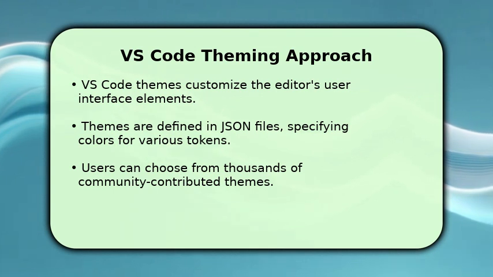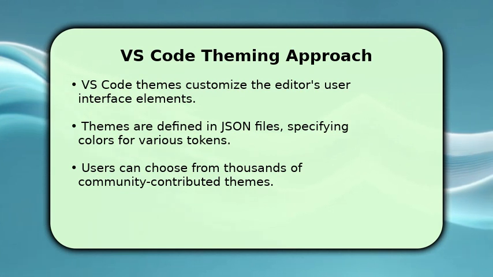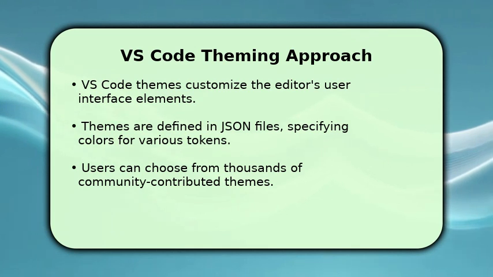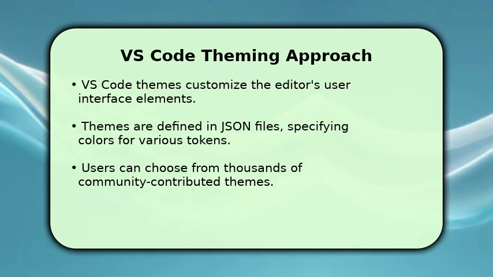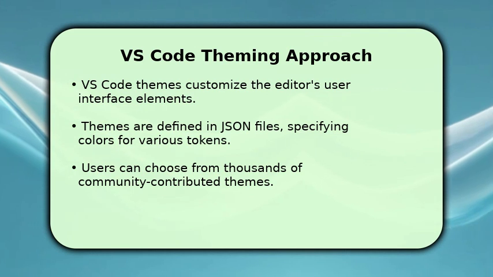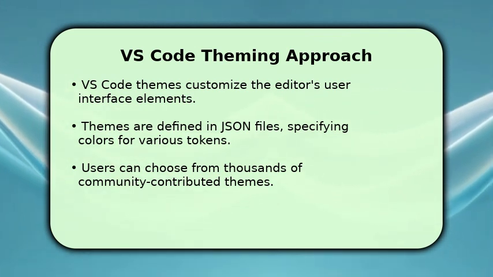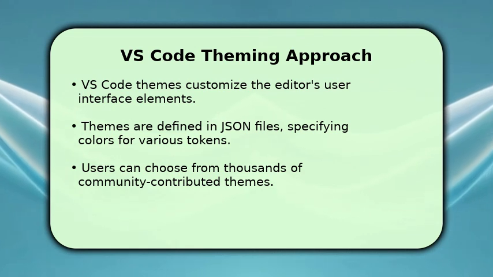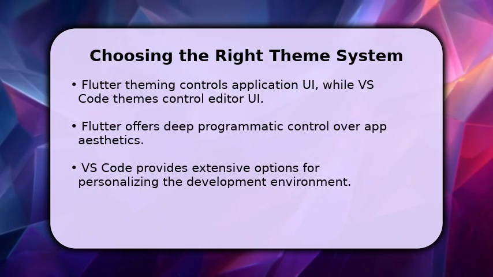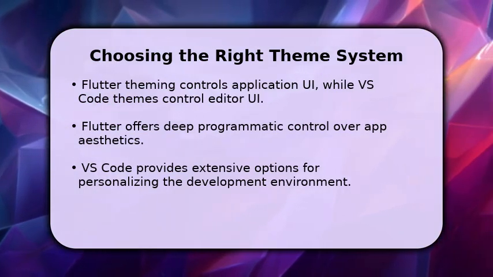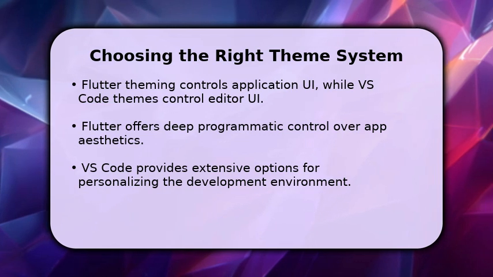The vast marketplace offers thousands of themes, from dark to light, allowing developers to tailor their coding environment. A well-chosen VS Code theme can significantly reduce eye strain and boost productivity during long coding sessions, making your workspace truly your own.